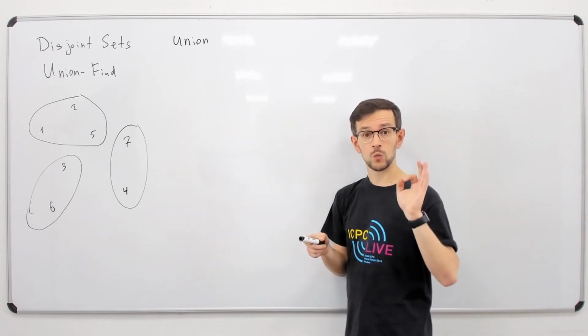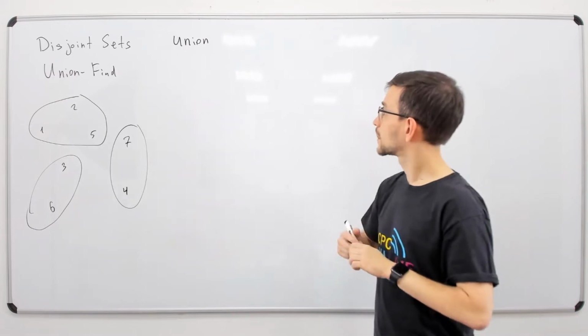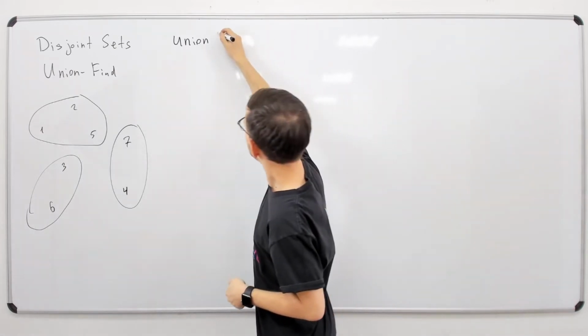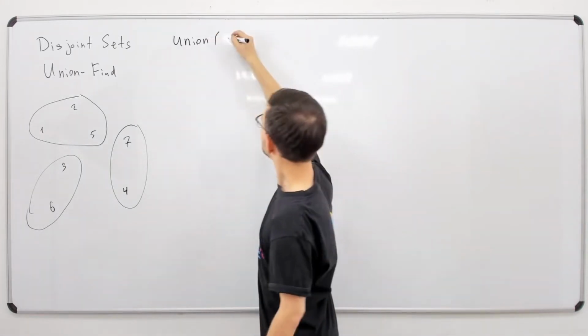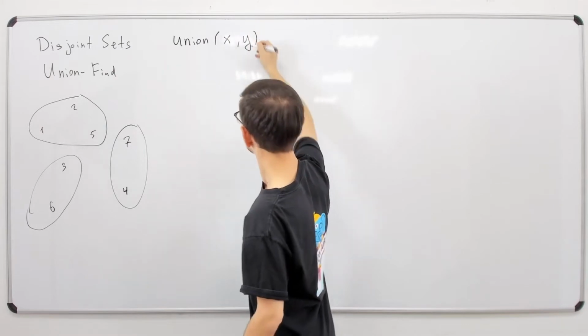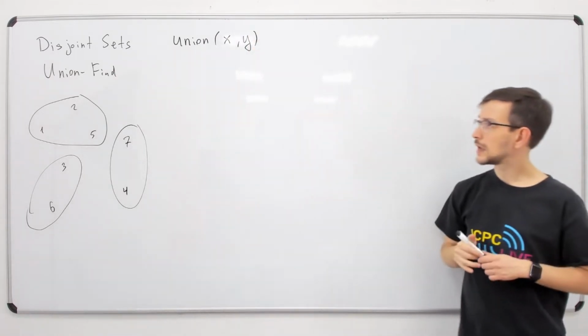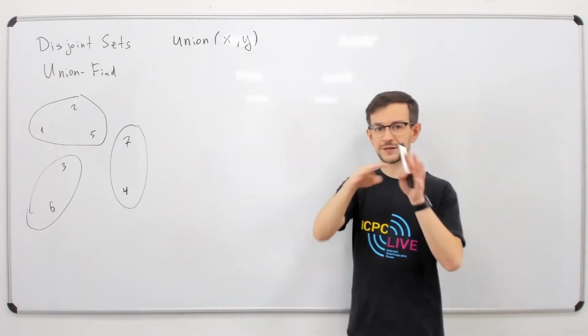What this function does: it gets 2 arguments, x and y. And it simply unites these 2 sets.